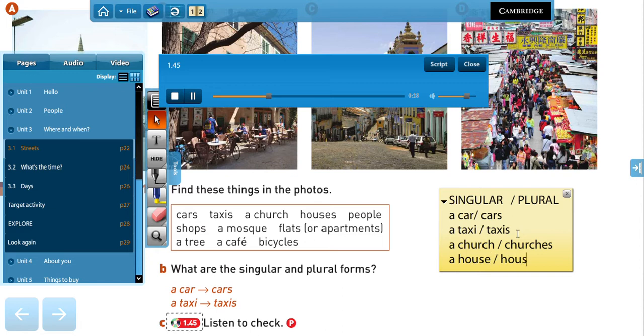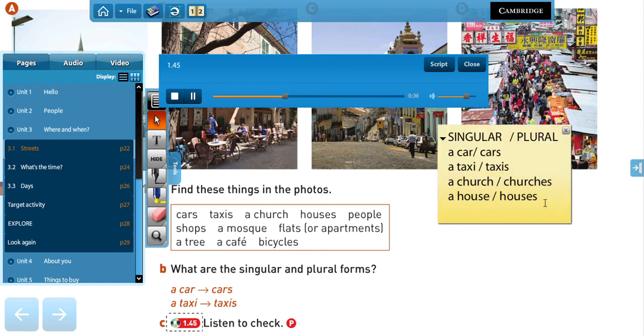A house, houses. A person, people. A shop, shops.